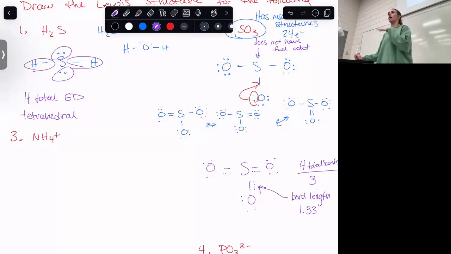That makes sense, taking the combo of all of them? I can show you another example with resonance after we finish these other 2. Are there other questions on SO3? Does that make sense?